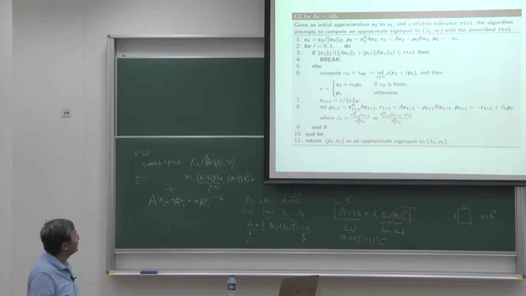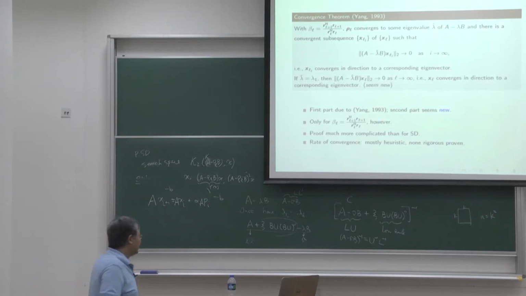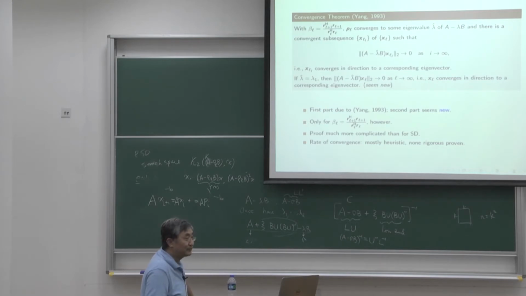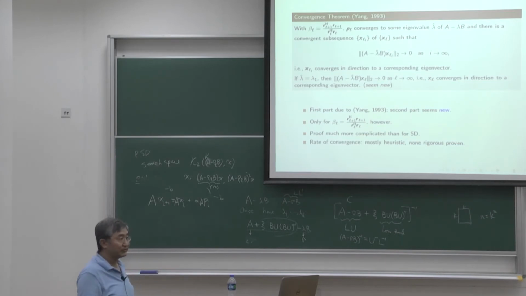Okay. All right. So there's a convergence theorem. Even though CG usually converges faster, without any preconditioner, comparing CG and steepest descent, you will see CG converge noticeably faster most of the time. But yet, its convergence behavior is less well understood. Here's one of the theorems, called global convergence, proved by Yan in 1993.